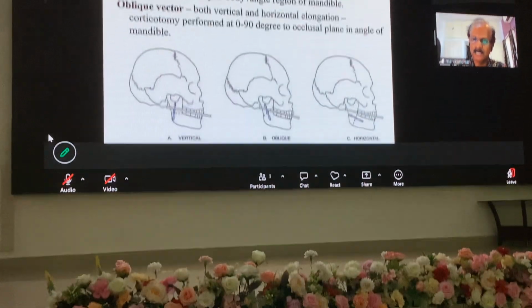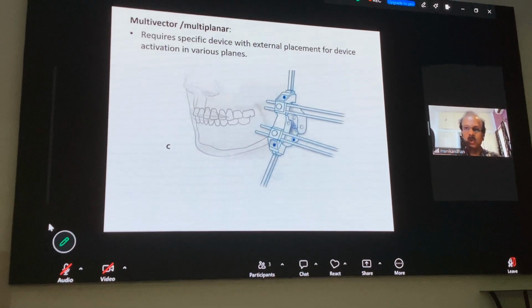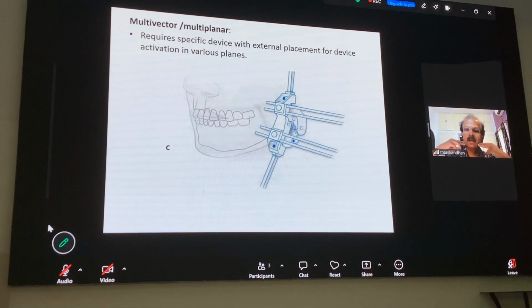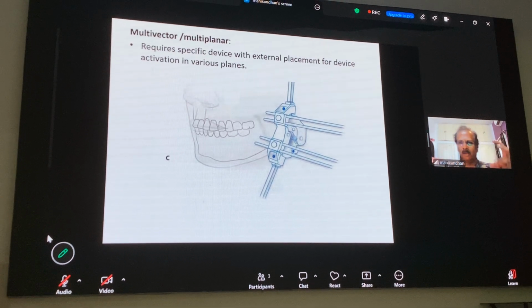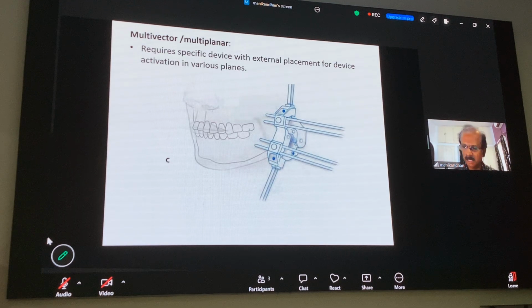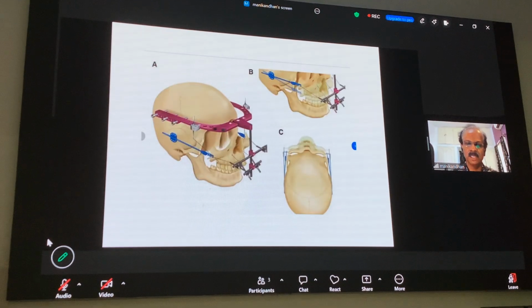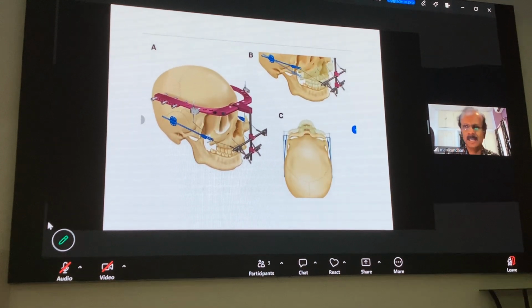But if you see this, what I showed you with the multi-level, you have an external piece. The whole distractor is outside. You can control the movement, whether you want to go left, right, down, up. All these things are possible, which is not possible in an internal distractor. This other distractor is called a rigid external distractor.